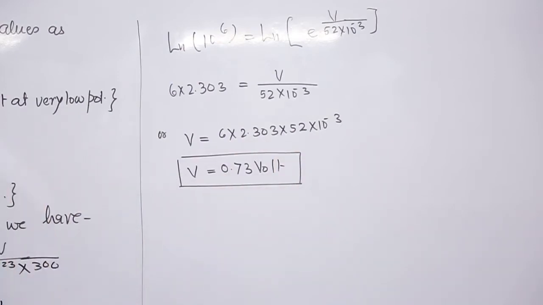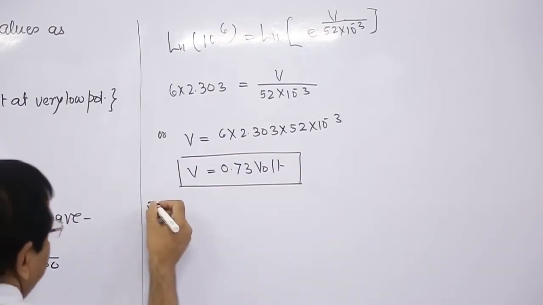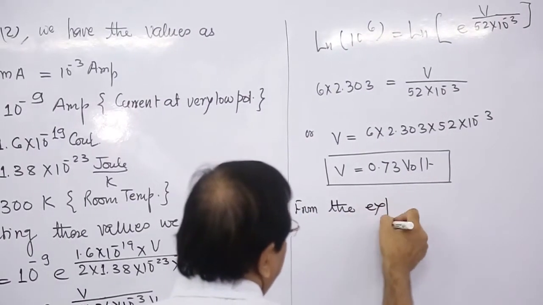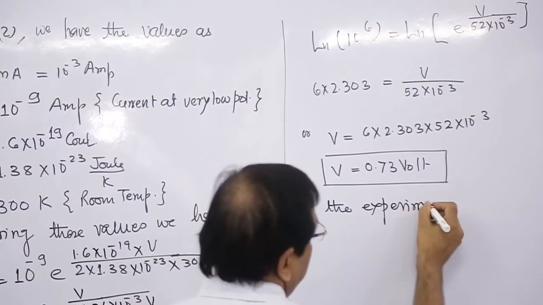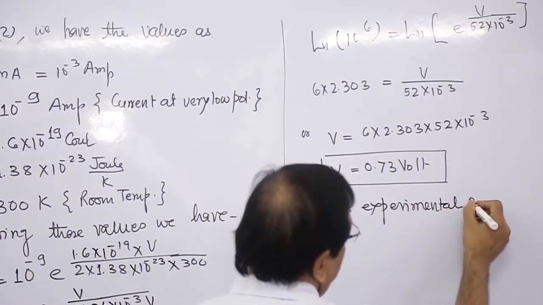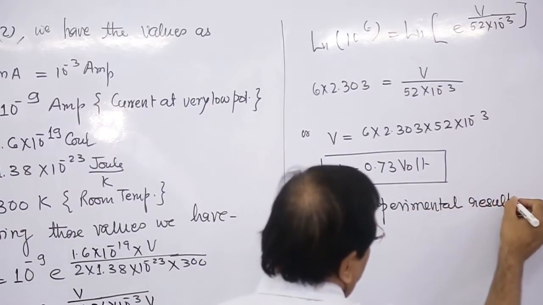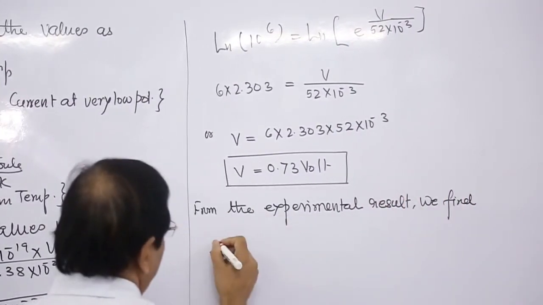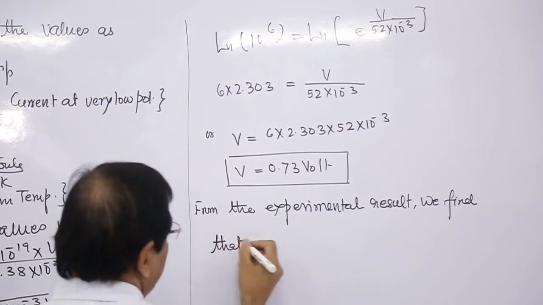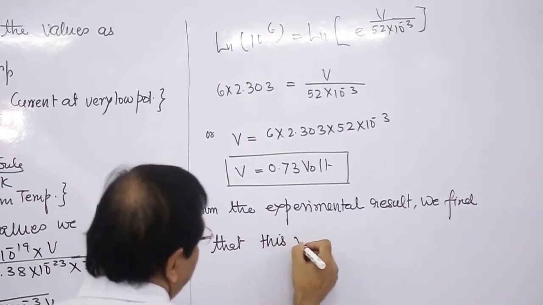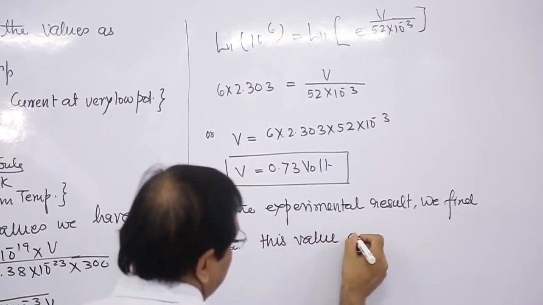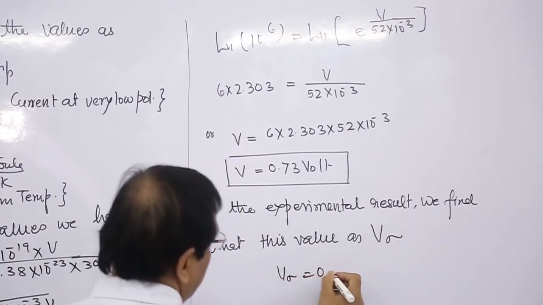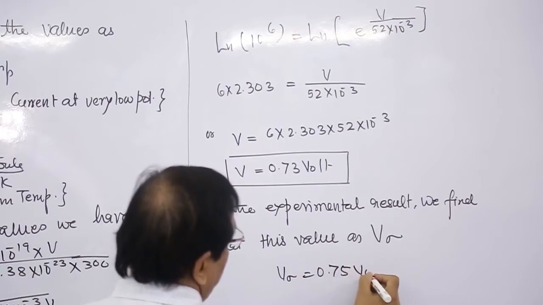This is your V. From the experimental result, we find that this value, V sigma, is 0.75 volt.